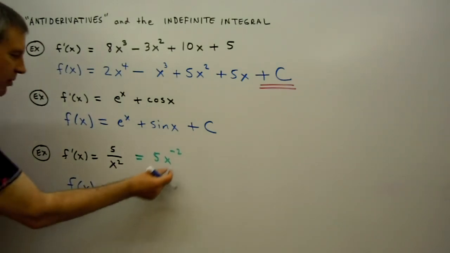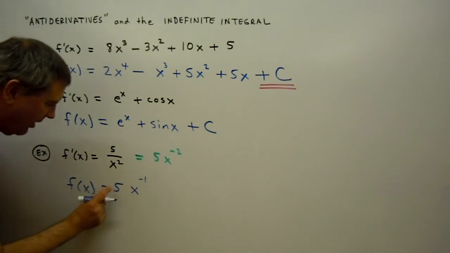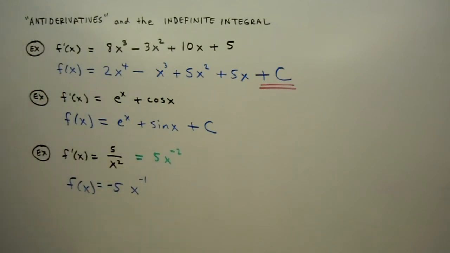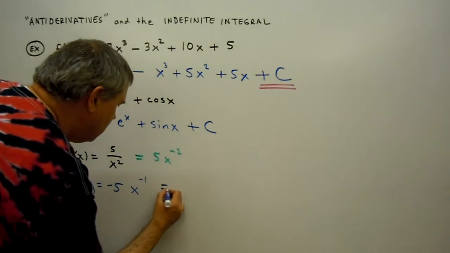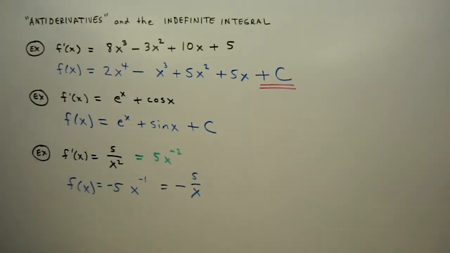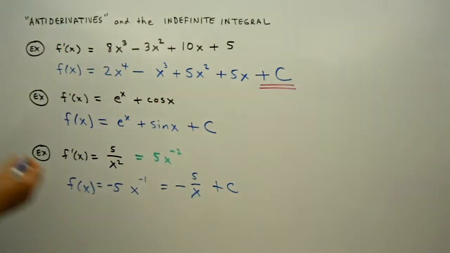And then if you multiply by the negative 1, you should have actually started with a negative 5 here. And then we can write that, of course, as negative 5 over x. And as usual, it could have had a possible constant whose derivative would have been 0.